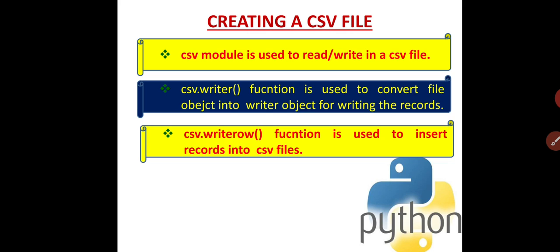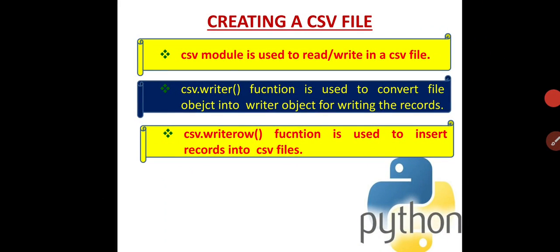writerow is a very important function. Only this function is responsible for writing rows into the CSV file. Rows, or we can say records, into the CSV file. As we know, rows are called records. In a database also the rows are called records.